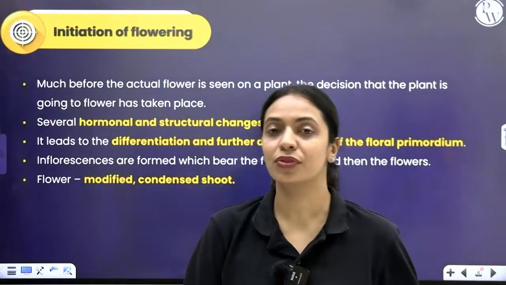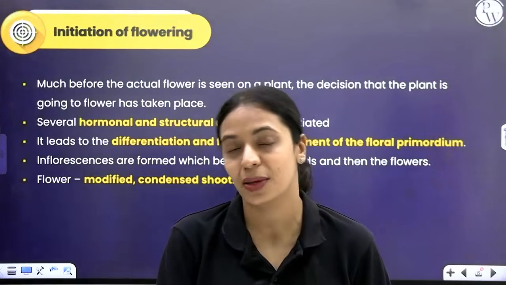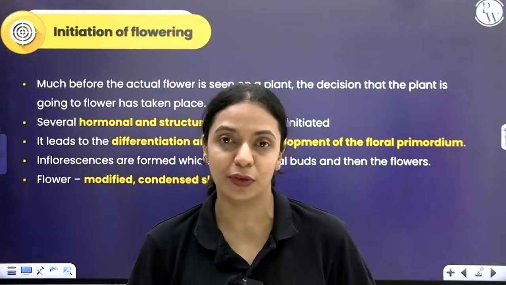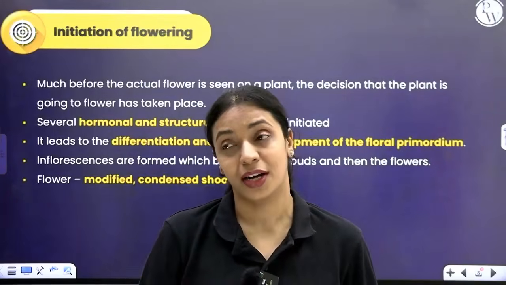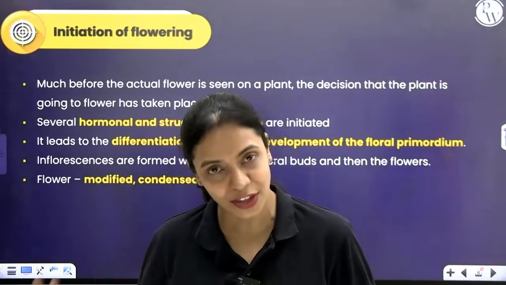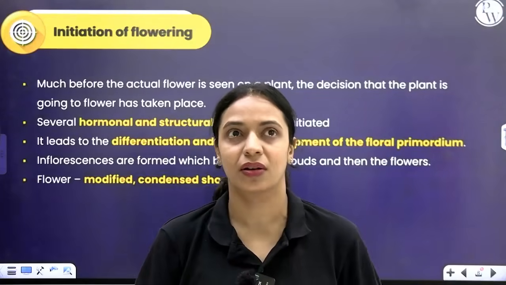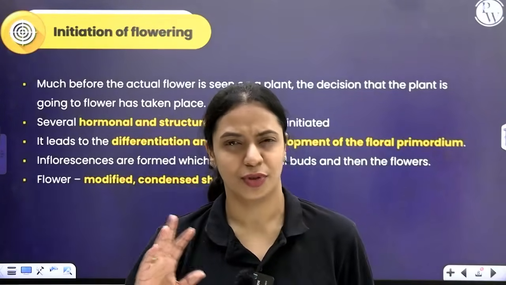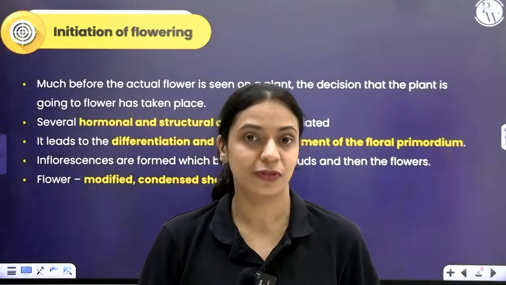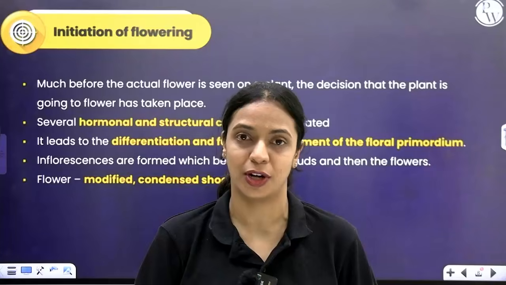Now, how do flowers form on plants, right? So, if you think about how reproduction happens in humans, the moment a baby is born, it will not be capable of reproduction. It will undergo some period of growth, and then eventually, only later, around the time a child or a person hits probably 12, 13, 14, that year of age, only then they will develop the ability to perform sexual reproduction.